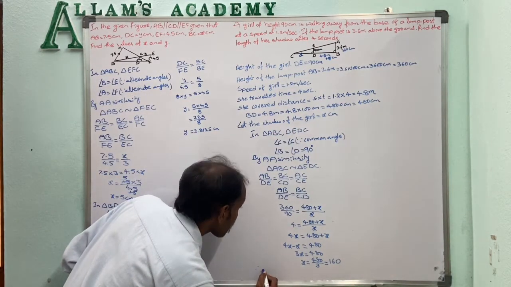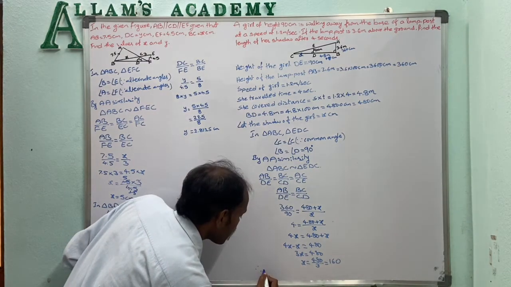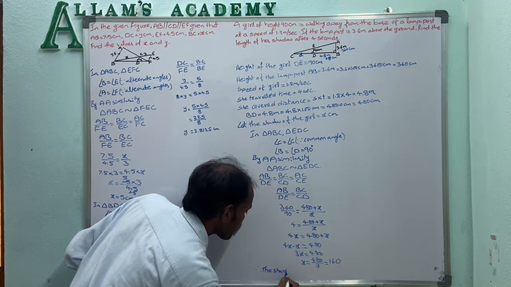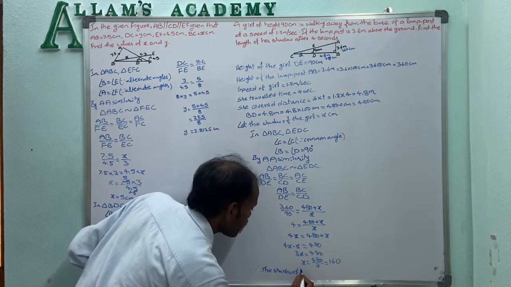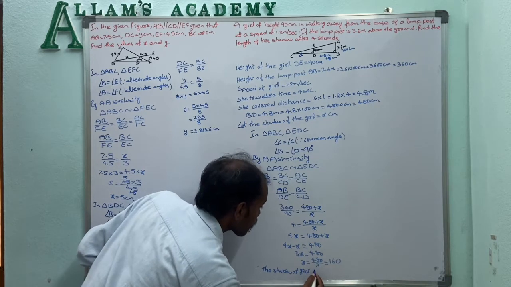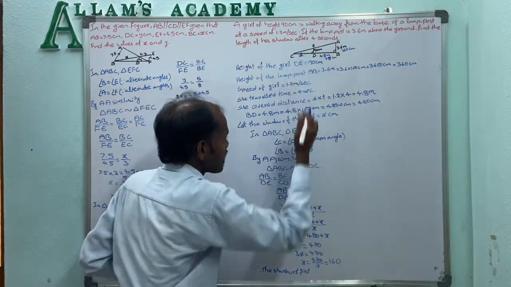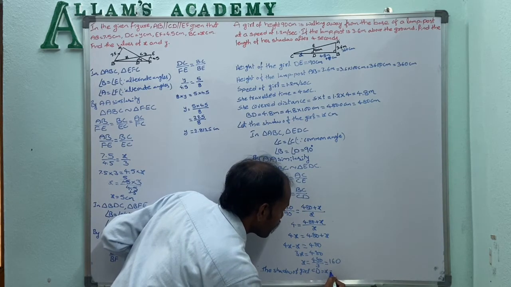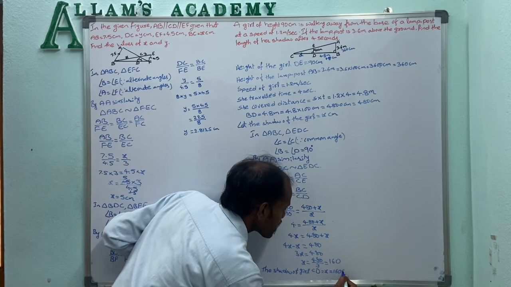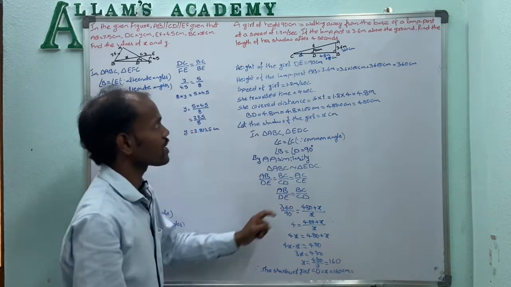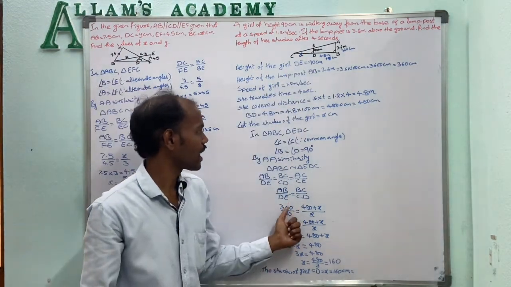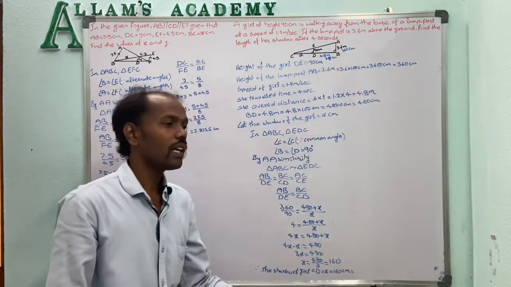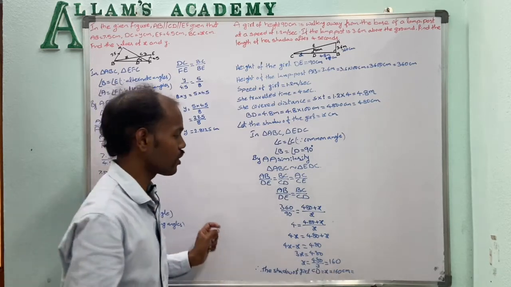So the shadow length of girl is taken as CD. So CD equal to X equal to 160 centimeters. Because we are taking all in centimeters units only, we convert the centimeters into meters.